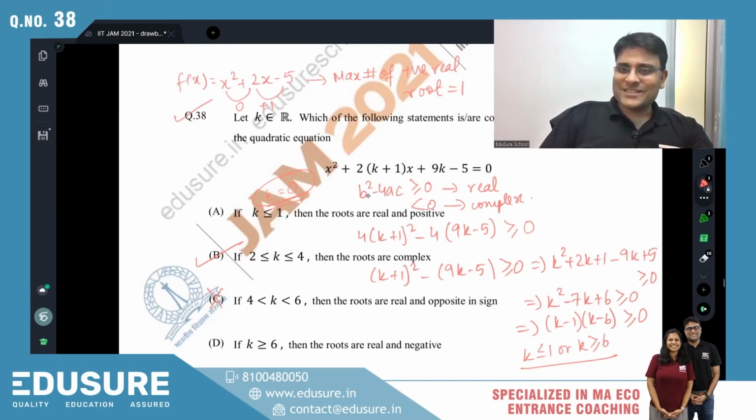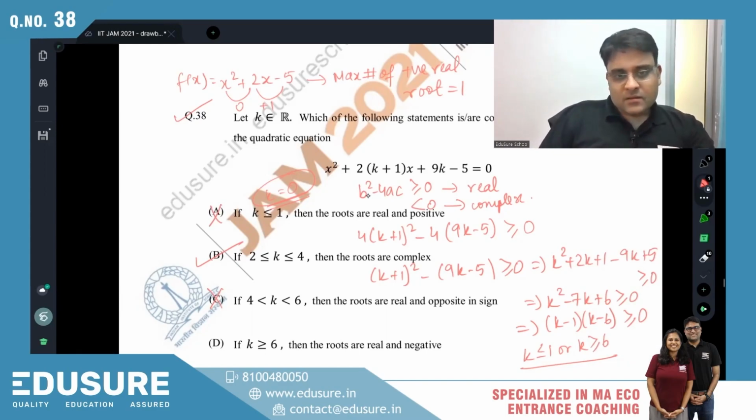So k less than or equal to 1 does not ensure that the roots are real and positive. One of the roots can be positive, but the other has to be negative. So the maximum number of positive roots is 1, not both. This is not the answer.